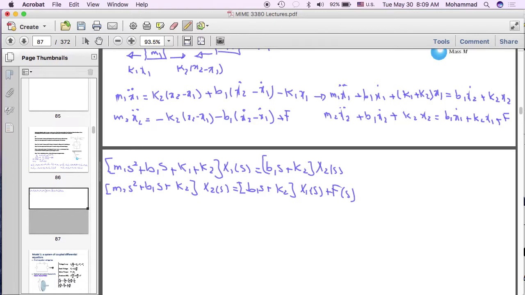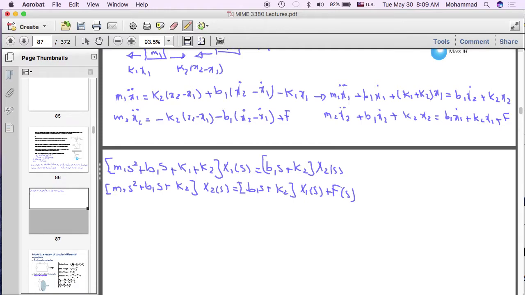So now you have two algebraic equations. There is no differentiation anymore; whenever we had a dot, it has been replaced by powers of s. Now these are two algebraic equations.